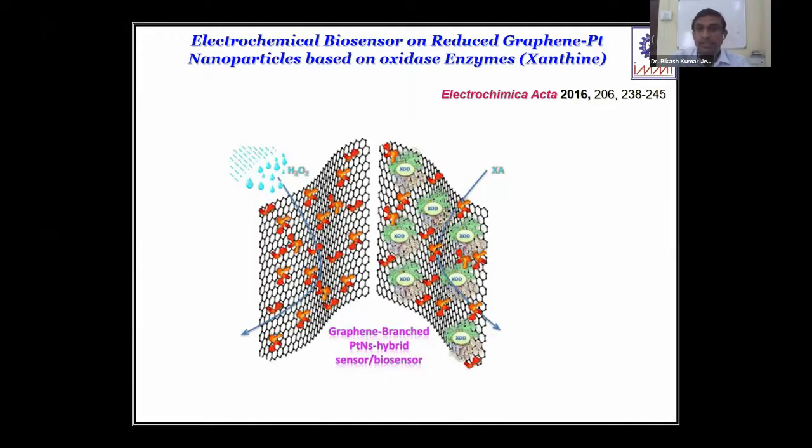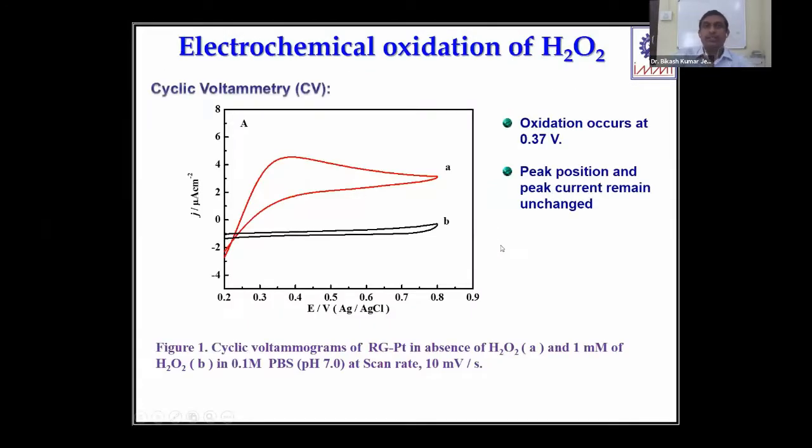Here we tried to design an electrochemical biosensor by integrating these oxidase enzymes and platinum branched structures on the graphene surface, and we used it for biosensing of xanthine. First, we tried to understand how the platinum nanoparticle on graphene responds to hydrogen peroxide.